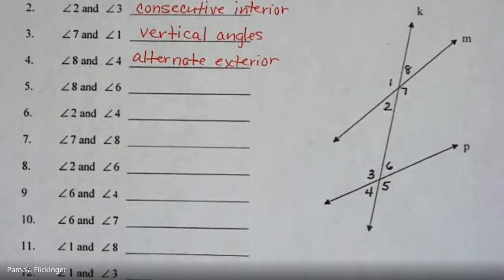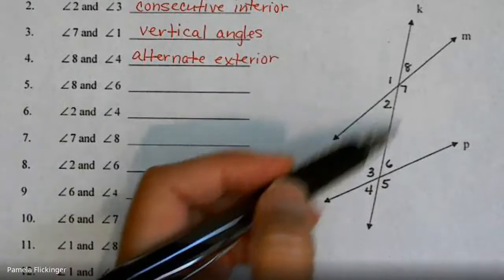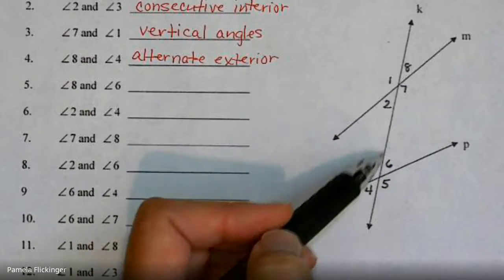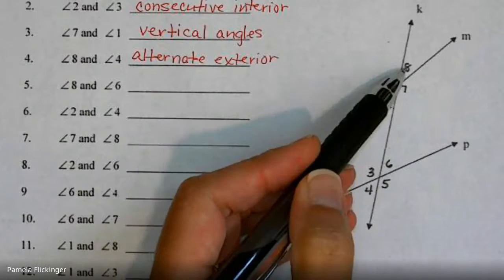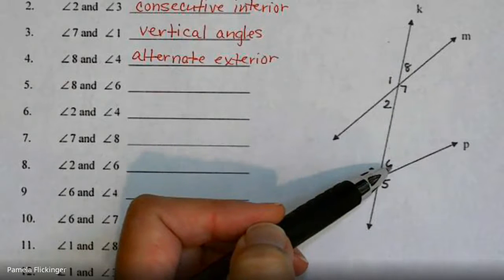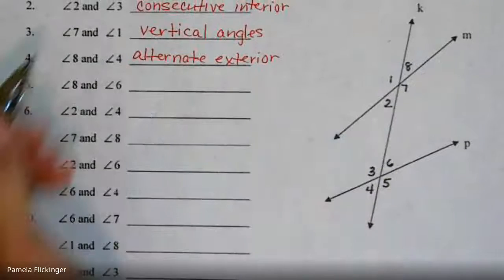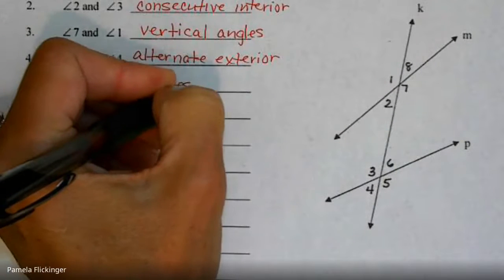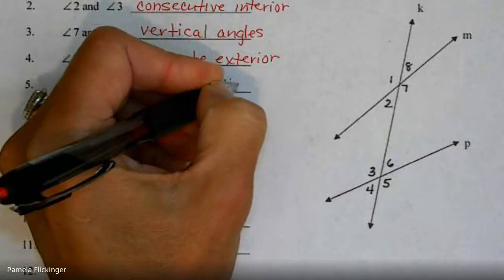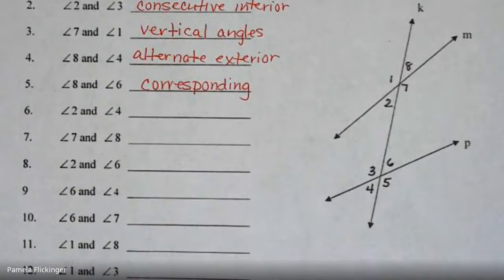All right, 8 and 6, again, different clusters. They're on the same side and they're in the same position because the 8 is exterior, the 6 is interior, but they're both above these two lines. So these are corresponding. Same side, same position.